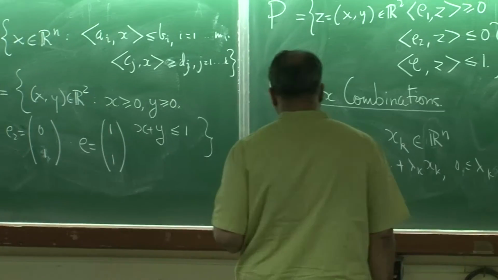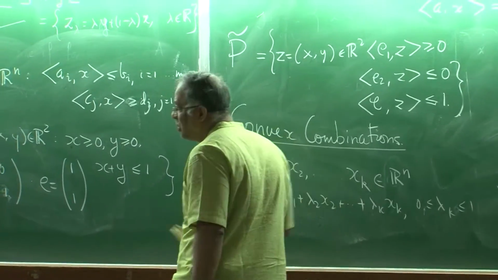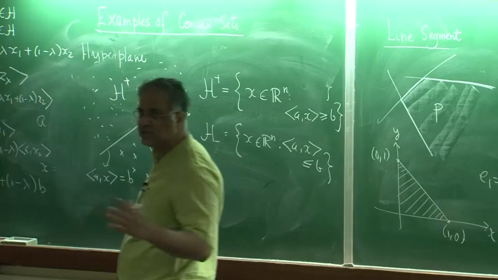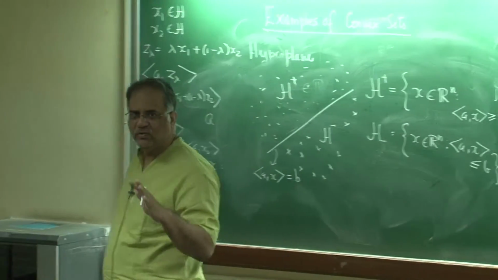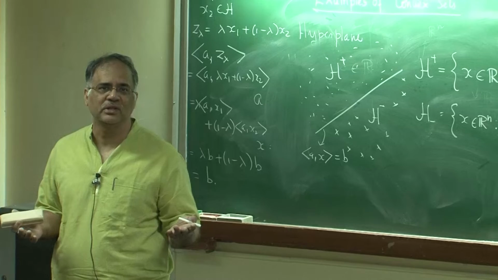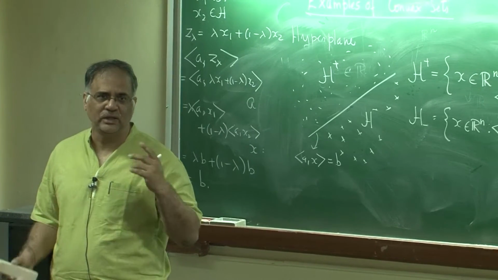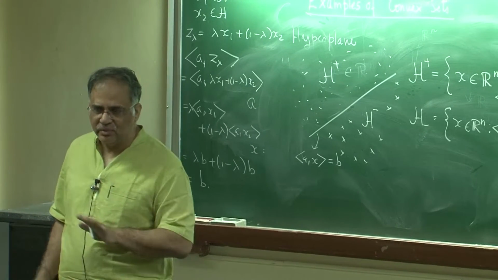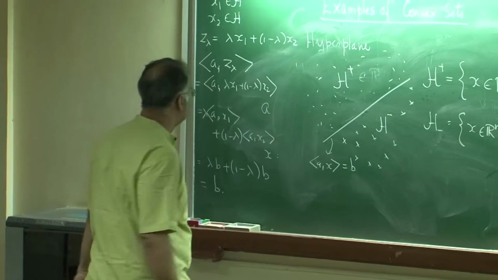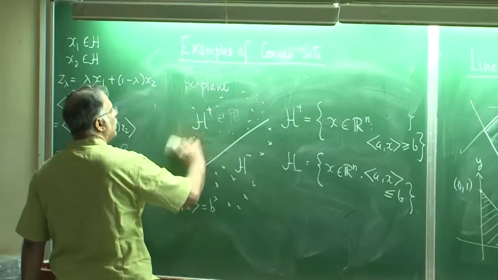That is a notion called convex hull. It is about how to convexify a non-convex set. If a set is non-convex, what should I add to that set so that it will become convex? Can I make a non-convex set convex by adding some more points? That is the question, and that is what we are going to answer now.